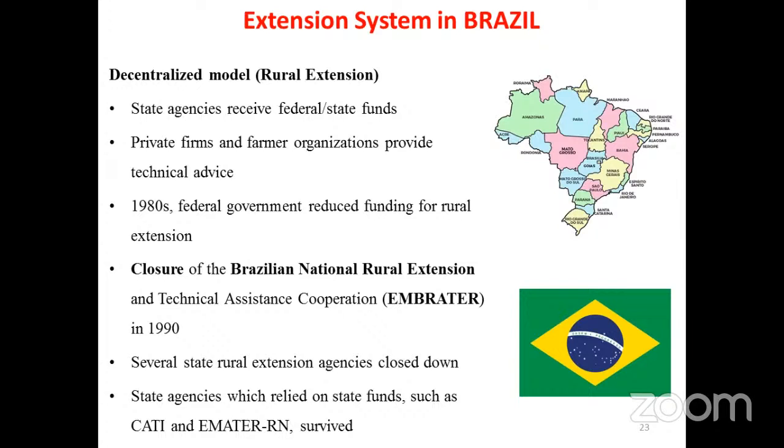But slowly, around the 1980s, the federal government started reducing funds, and the Brazilian national rural extension was completely closed. Even Embrater, this term you can remember, the technical assistance cooperation, was also closed. So only the extension systems which were running on state funds could survive.